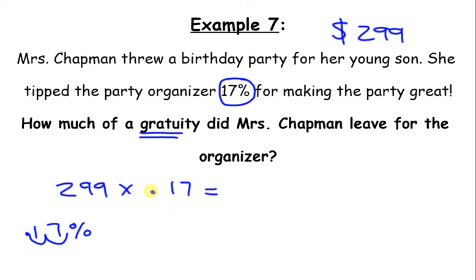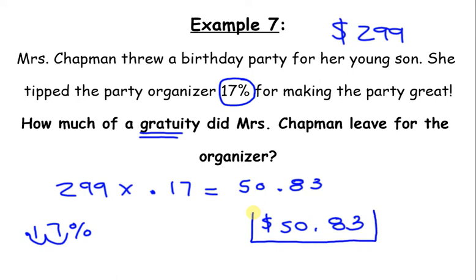Go ahead and calculate that. And you should get 50.83. So how much was her gratuity? Her gratuity was $50.83. All right, now again, if I wanted to know the total cost, you would add that to the $299.